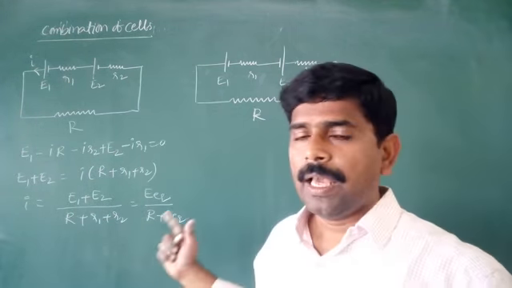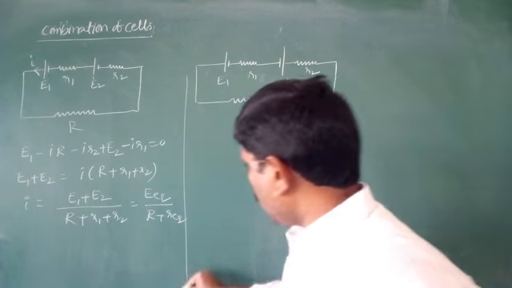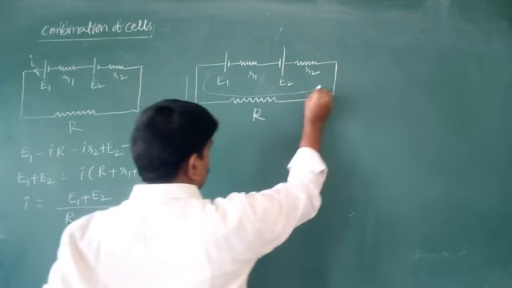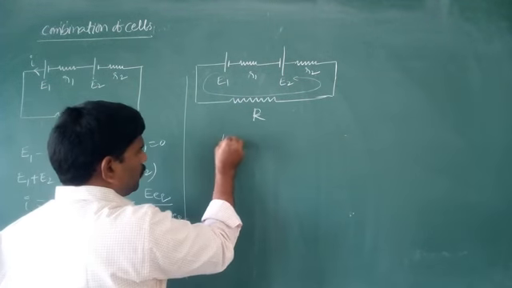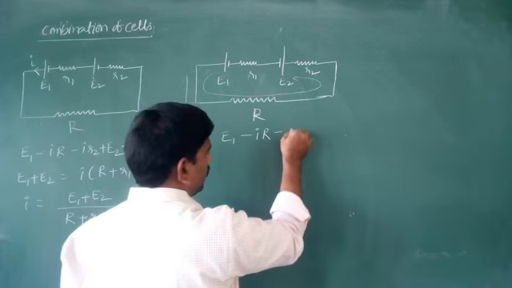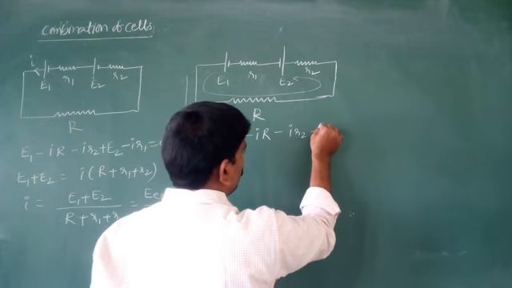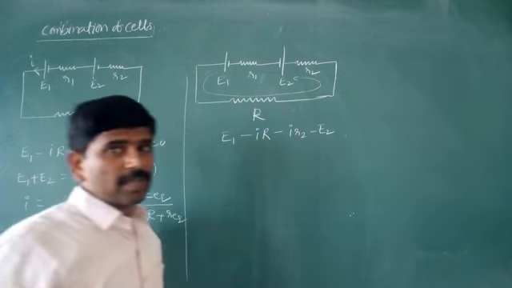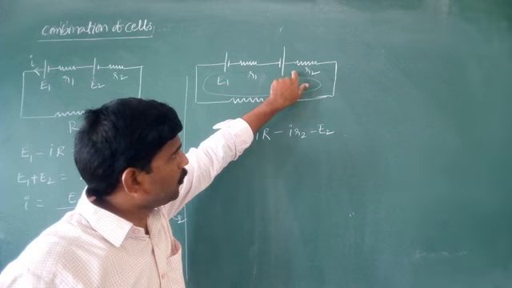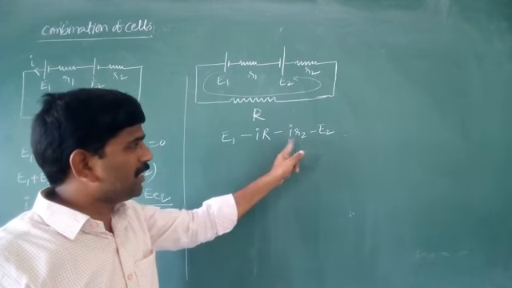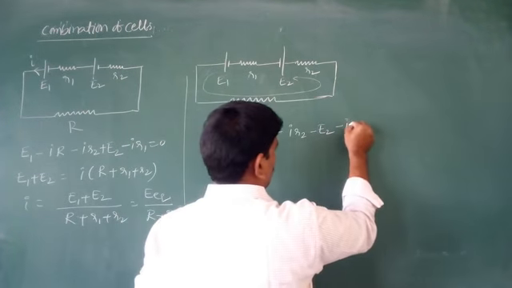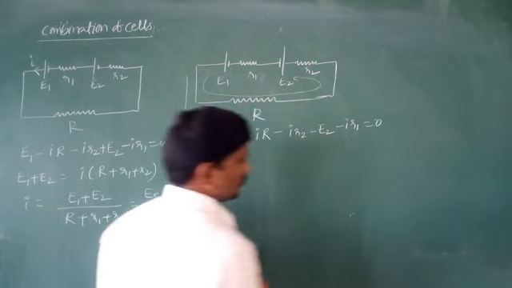In case of the opposing manner, try to observe. Same, apply the Kirchhoff voltage rule, the second rule. E1 minus I into capital R minus I into R2 minus E2, because we are moving from high potential to low potential, so there is a potential drop and that is why we kept the negative sign, minus I into R1 is equal to 0.